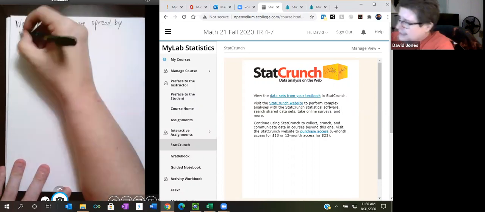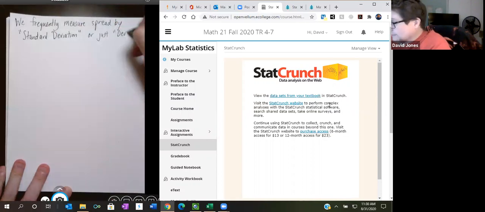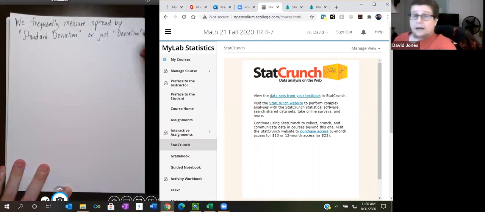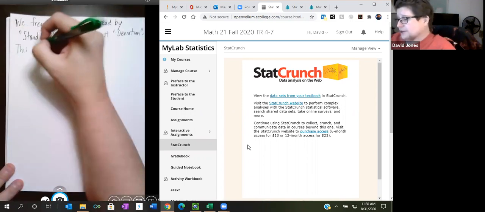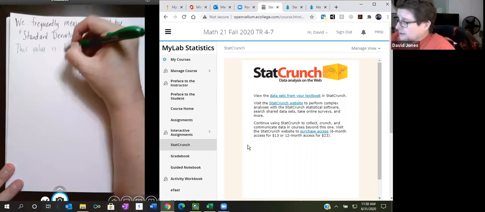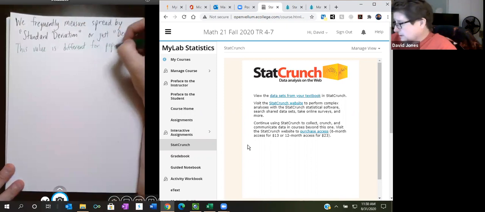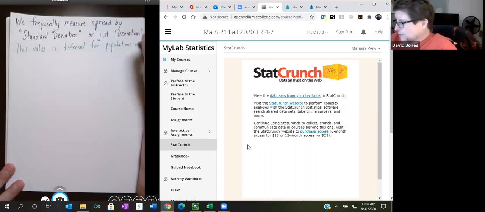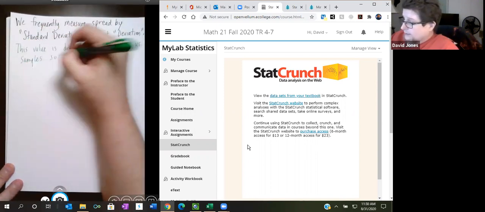And when we're being lazy, we just say deviation. Okay. And it's different for populations and samples. This value is different for populations versus samples. So we use different symbols again.